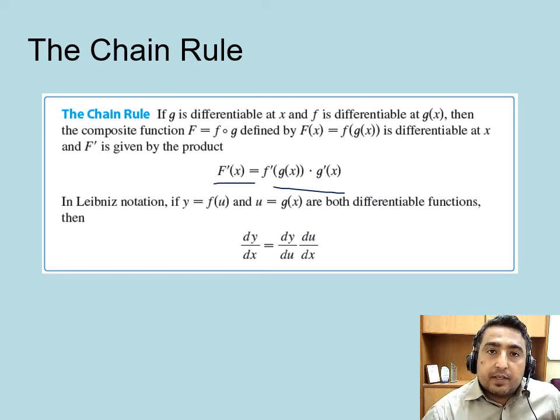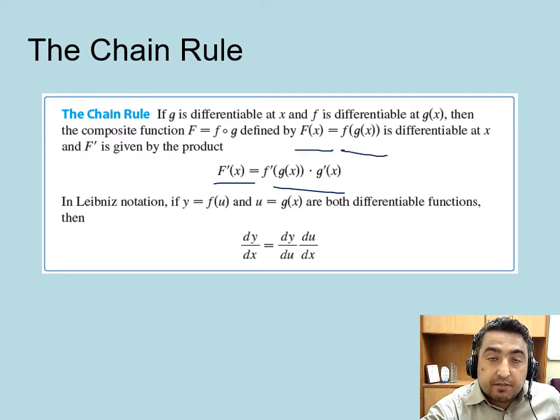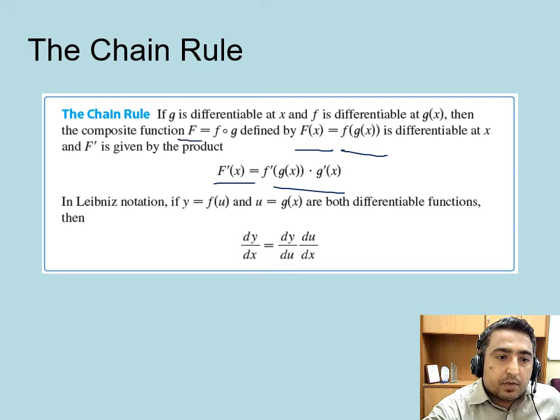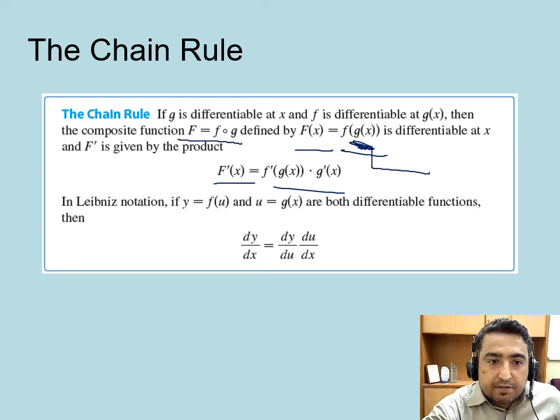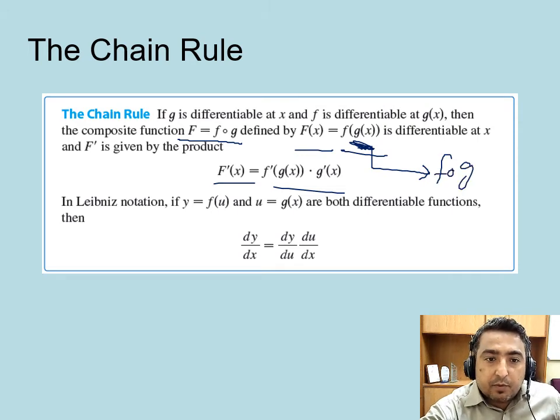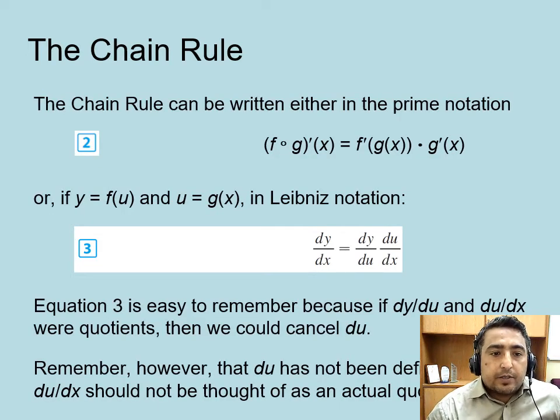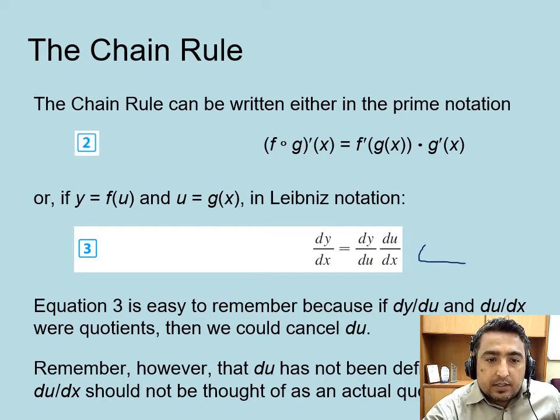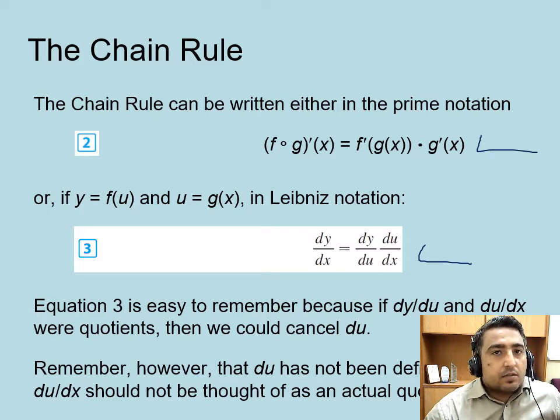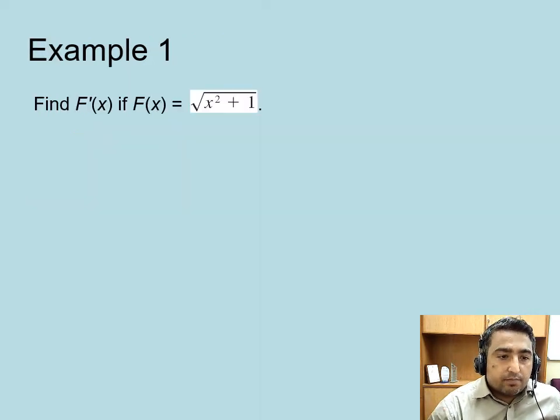In formal way, it is written like this, and remember, capital F is a function of f and g, a composition like this one. This is basically the definition of composition: you first apply g and then you apply f. This is Leibniz notation, and this is prime notation.